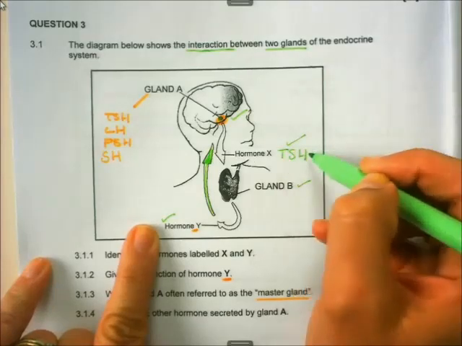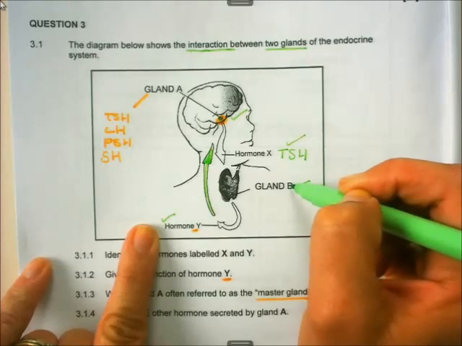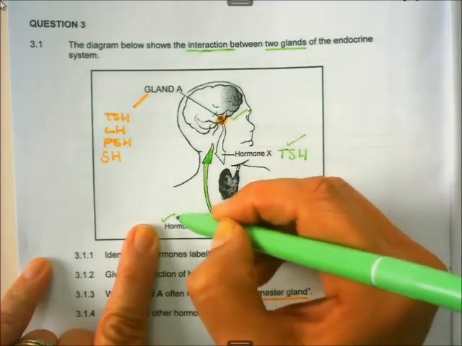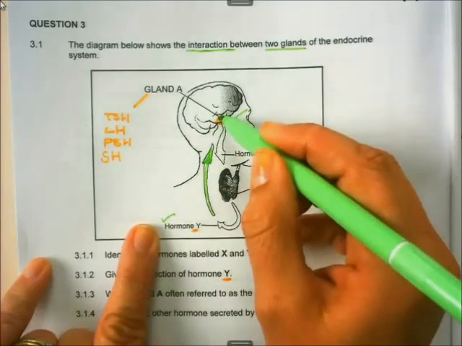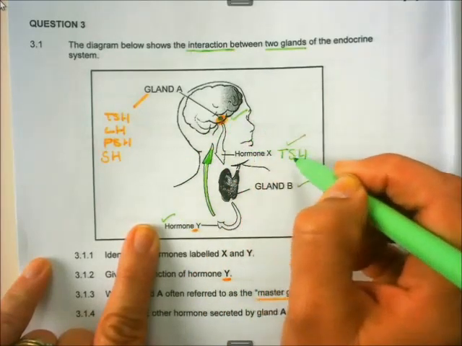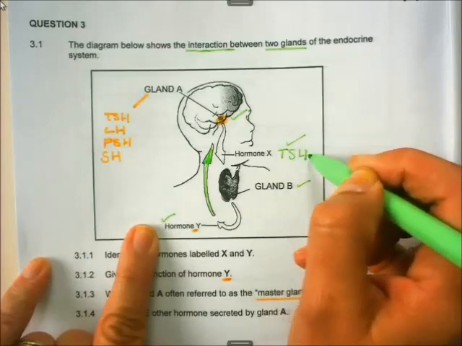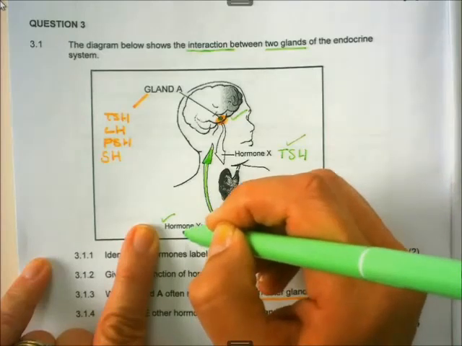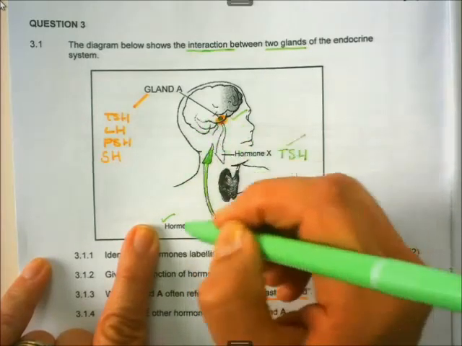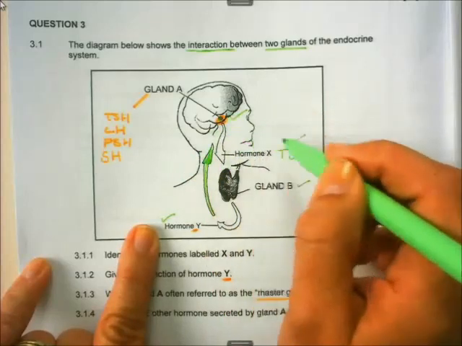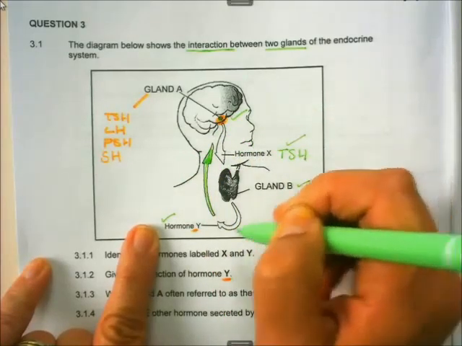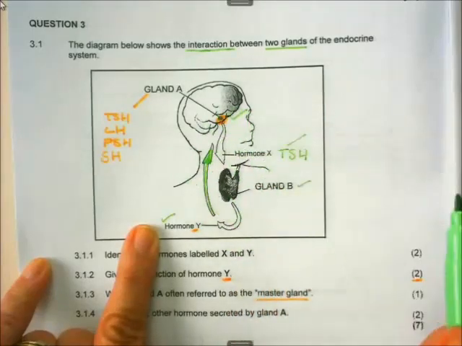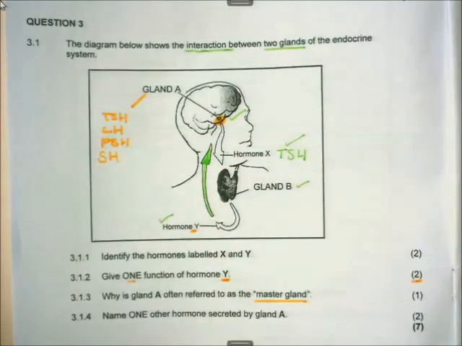Less TSH will stimulate the thyroid gland to produce less thyroxine. Less thyroxine will stimulate the pituitary gland to secrete more TSH. More TSH will stimulate the thyroid gland to secrete more thyroxine, and then we complete the circle again. More thyroxine, less TSH. Less TSH, less thyroxine. Can you see the negative feedback that we have in this picture?